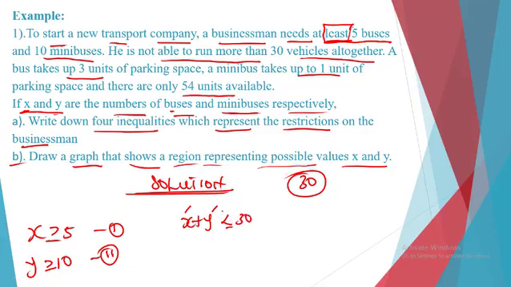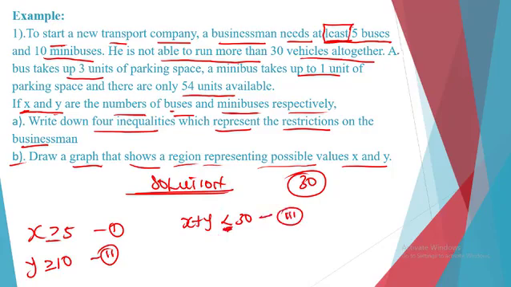He cannot exceed 30. That's why we use the words less than or equal to. So he can have 29, which is less than 30, or 28, which is less than 30. But the highest he can have is 30. So we have X plus Y less than or equal to 30. That's our third inequality.